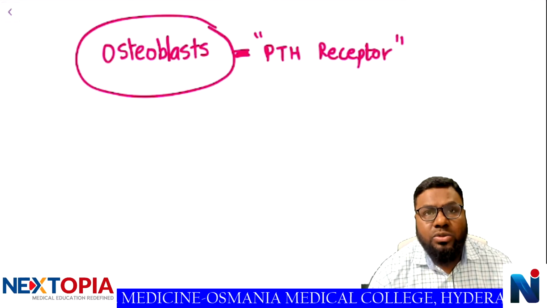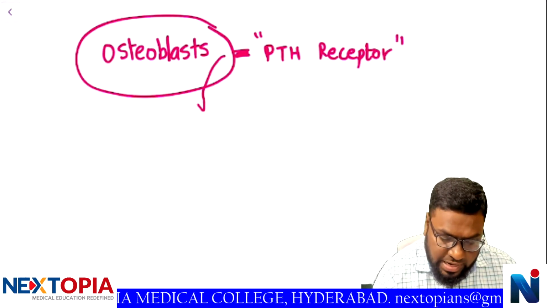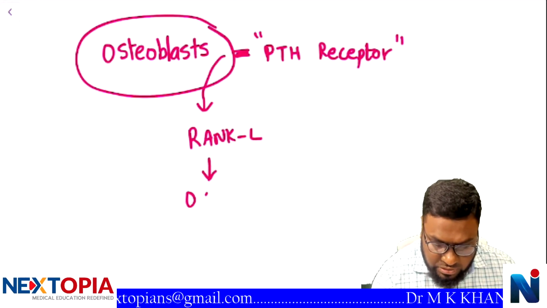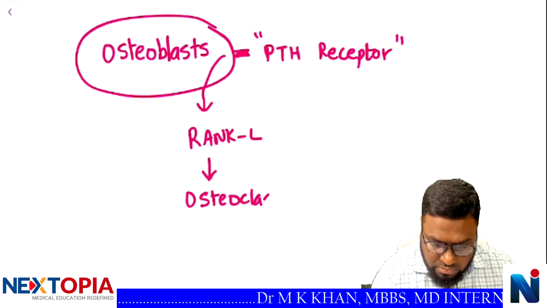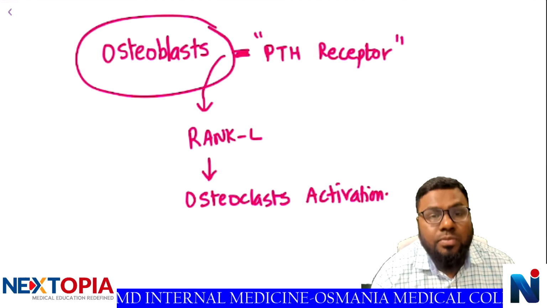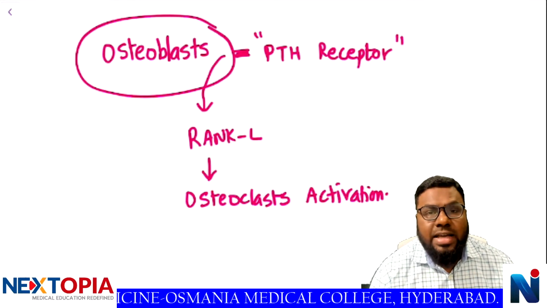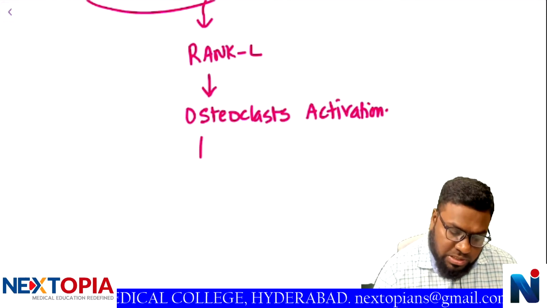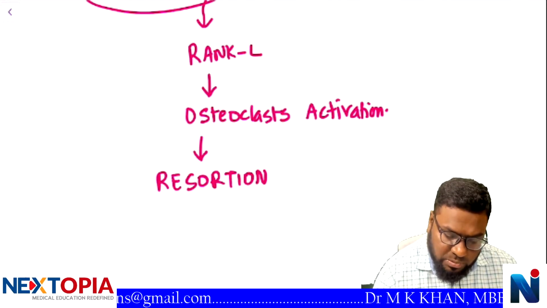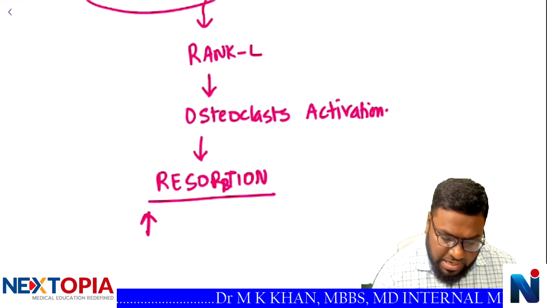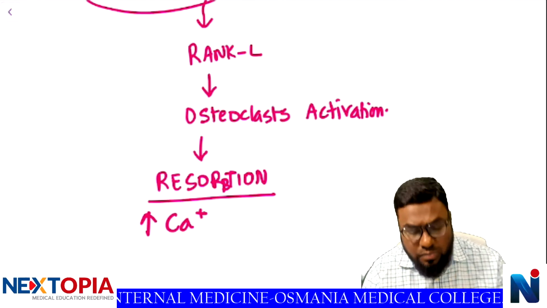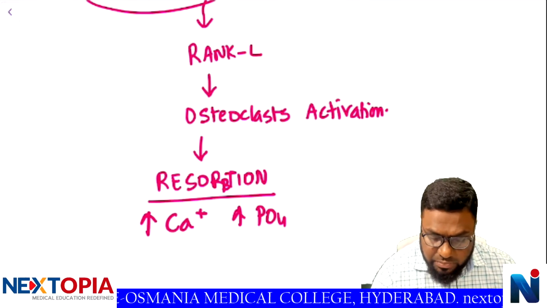Whenever parathormone binds to this receptor, it stimulates the release of RANK ligand. What is the function of RANK ligand? To activate osteoclastic activity. Hence, the bone resorption starts. What is the end product of bone resorption? Increase in serum calcium, and increase in serum phosphate.